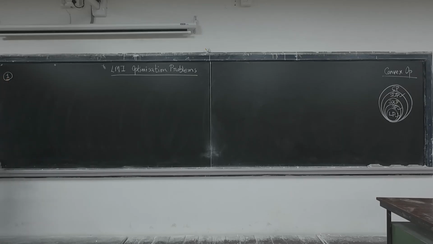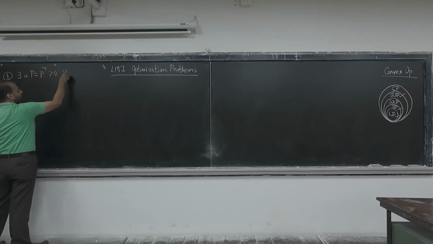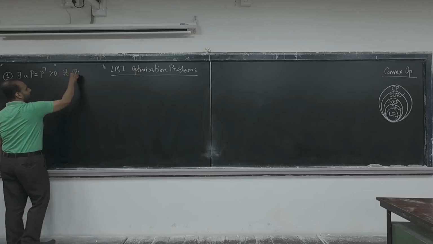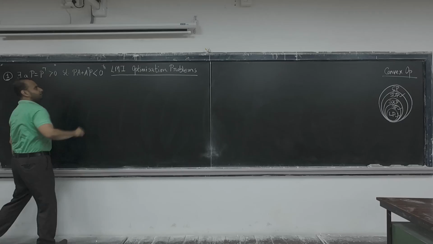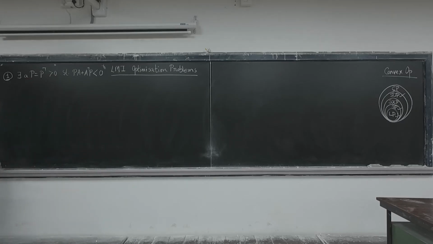The Lyapunov inequality, right? When you say that there exists a P equals to P transpose greater than 0 such that PA plus A transpose P is negative definite, right? This is the inequality version of the Lyapunov stability theorem, and this is if and only if, right?